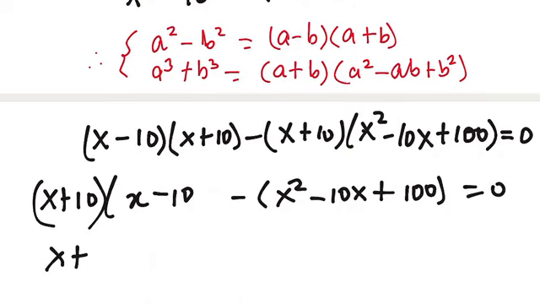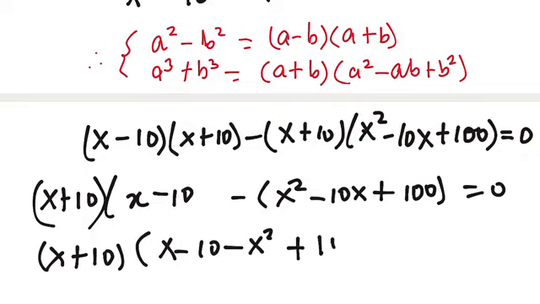So we have x plus 10, then x minus 10 minus x squared plus 10x minus 100, equals 0.